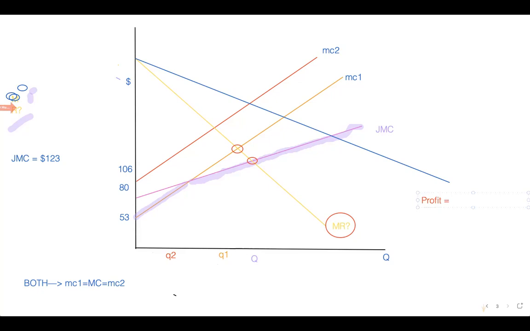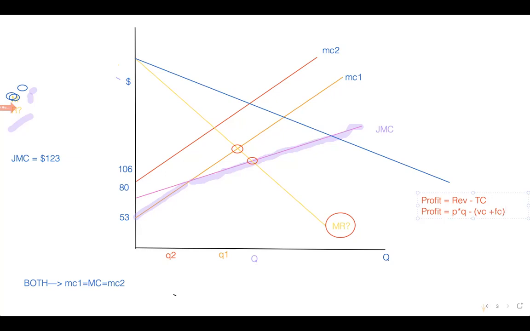And you all will remember that profit is equal to the total revenue minus the total cost. I'm going to write it in the way that's easiest. We need the price times the quantity for each of the firms individually. The price is going to be the monopoly price. For each of them, remember the total cost is variable cost plus fixed cost.